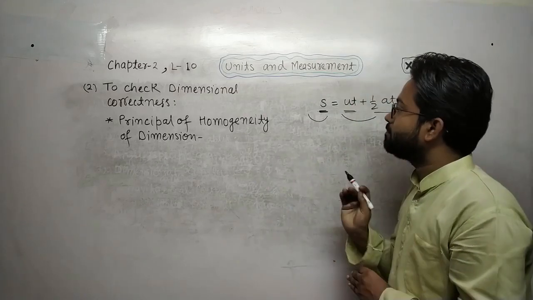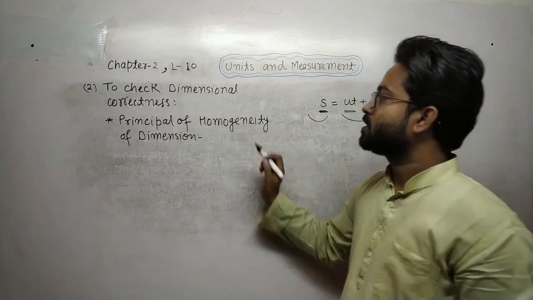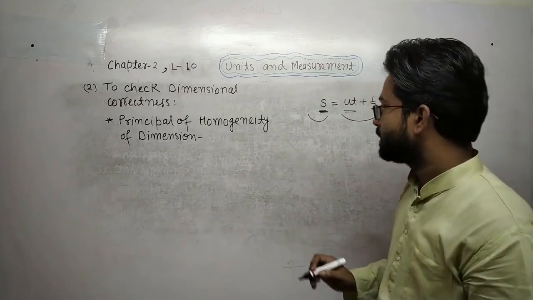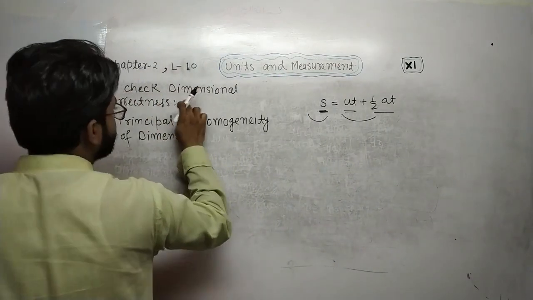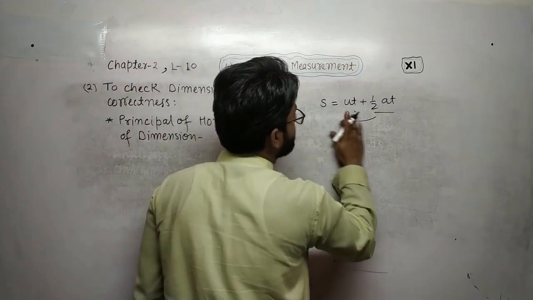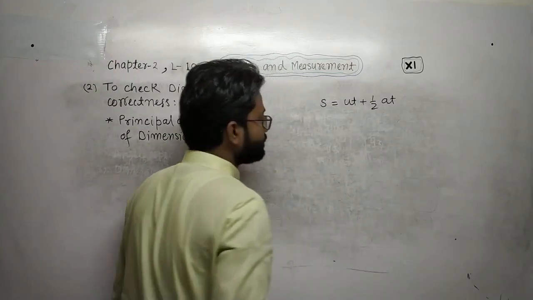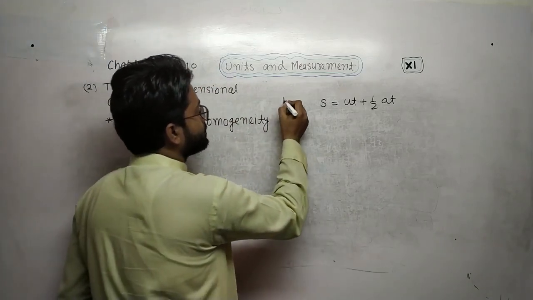If they have the same dimension, then the equation is homogeneous. This is to check the dimensional correctness. Let us check the dimensional correctness of this equation, S equals ut plus half at square. This is the first example.